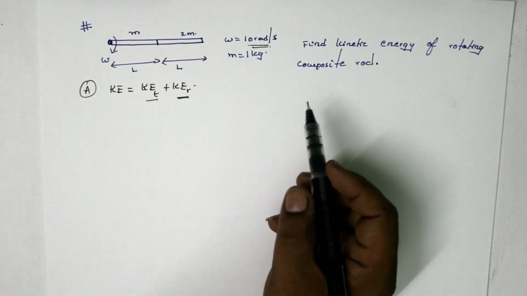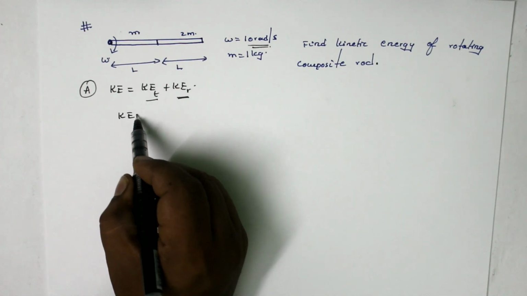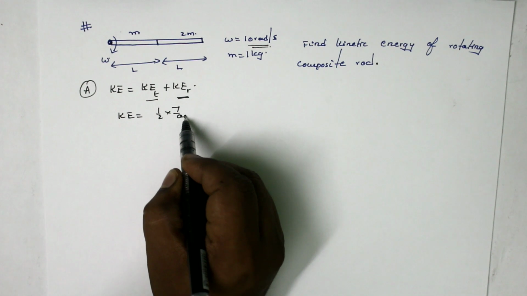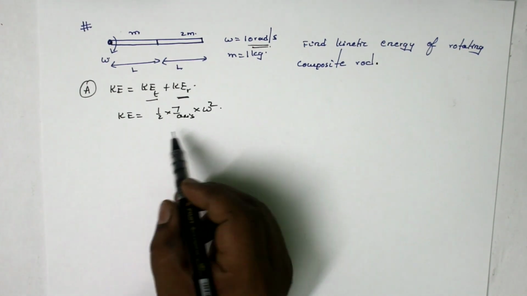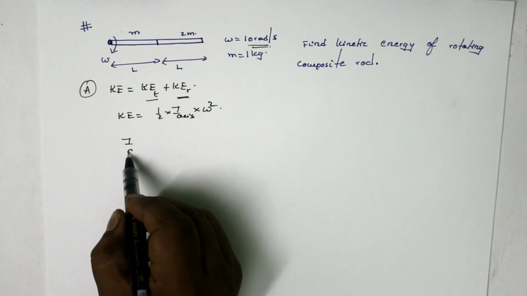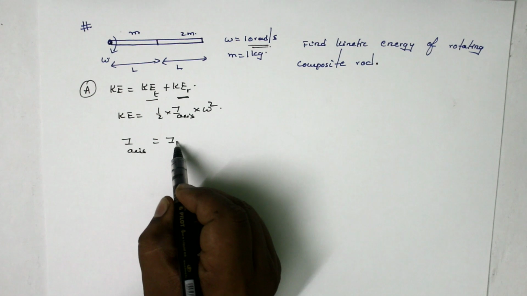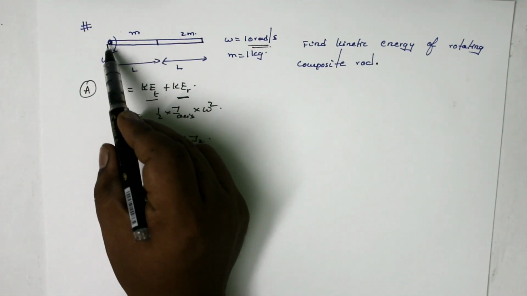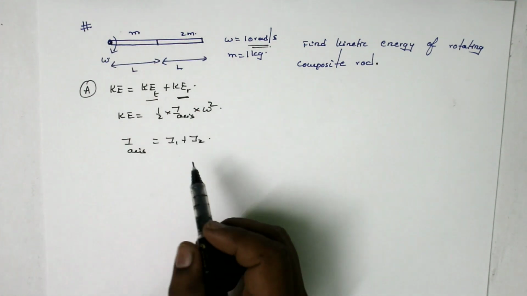So the total kinetic energy can be written as half into I axis into omega square. Now the question is, how can I calculate I axis, the moment of inertia around the axis of rotation? I can write it as I1 plus I2: the moment of inertia of the first rod around this axis and the moment of inertia of the second rod around the same axis.